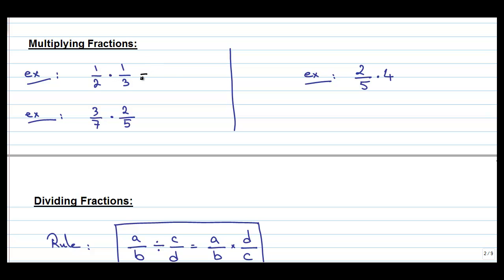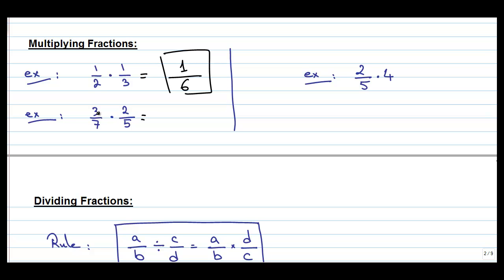In multiplication, it's very simple. You just multiply the numerators, 1 times 1, and you multiply the denominators, 2 times 3, 6. And that's it. Very, very simple. Now we're going to repeat the same thing for the other example here. I have 3 over 7 times 2 over 5.